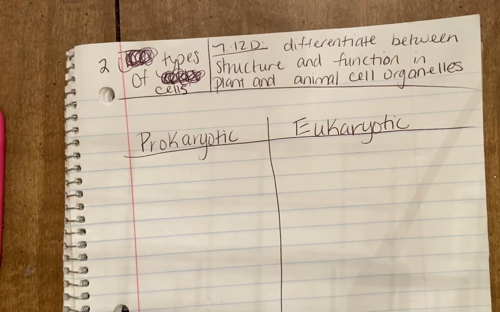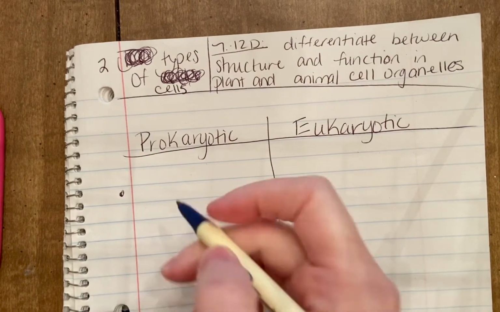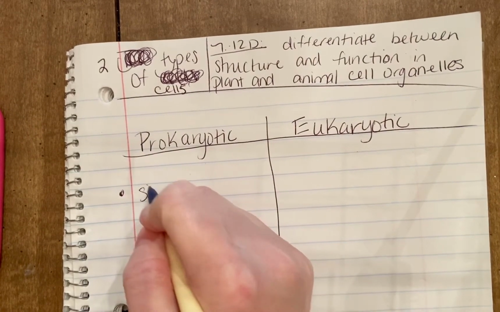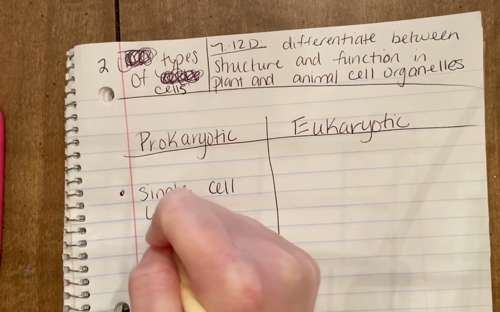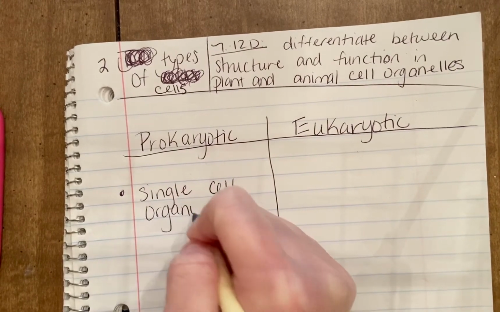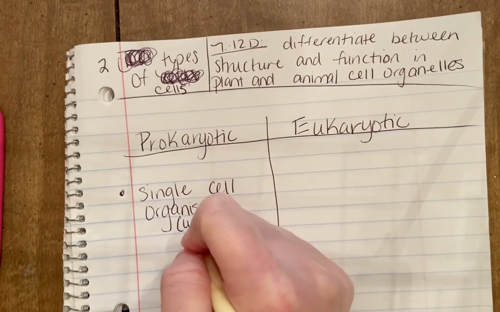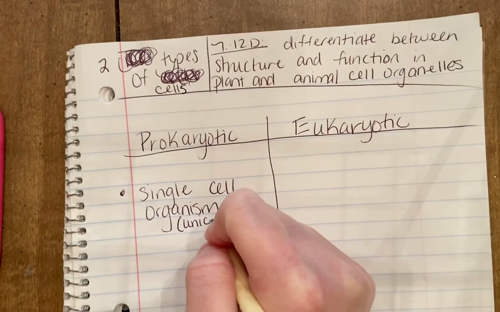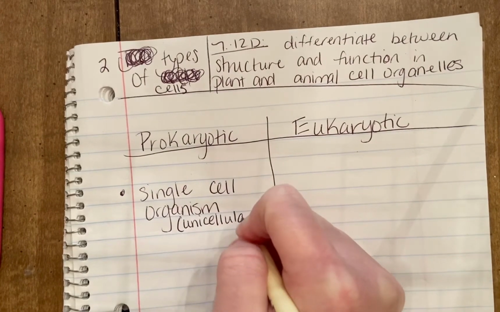They're not complex like eukaryotic cells. So the first thing we're going to write with prokaryotic cells is they are single cell organisms. You're going to hear the term unicellular. They are only composed of one cell.